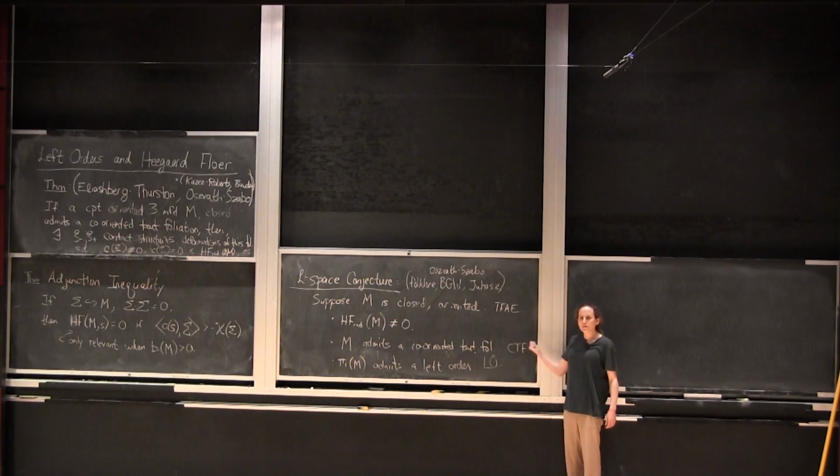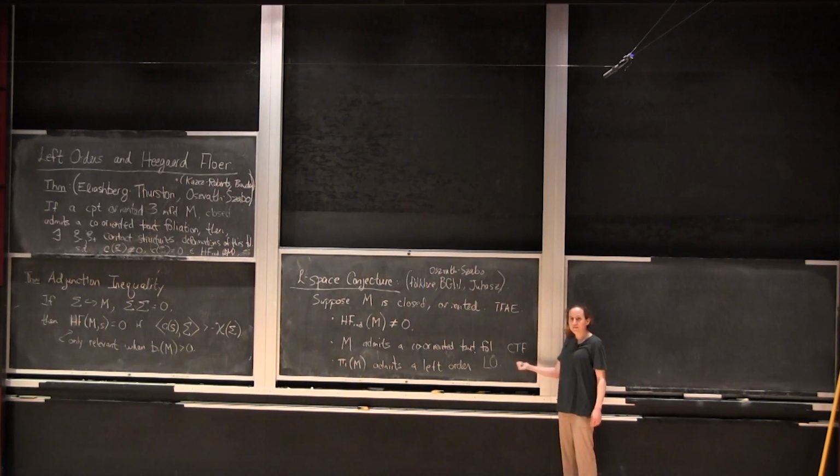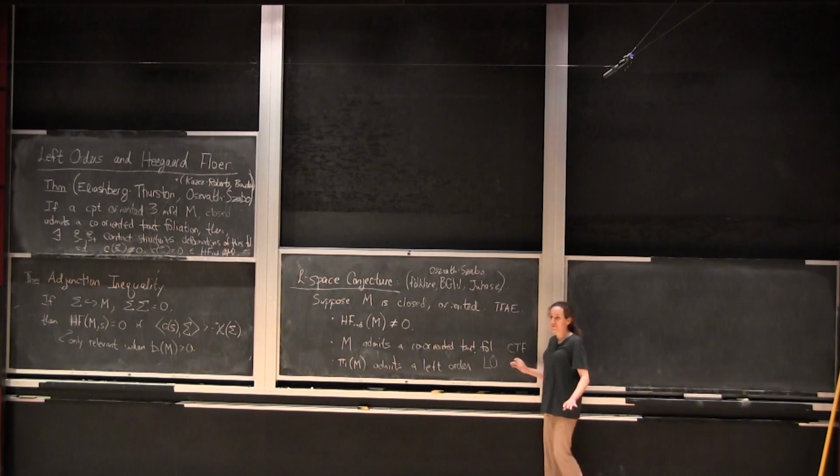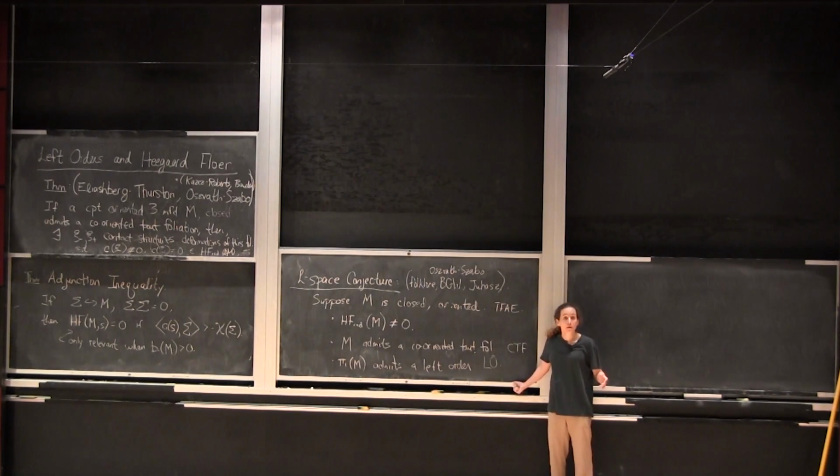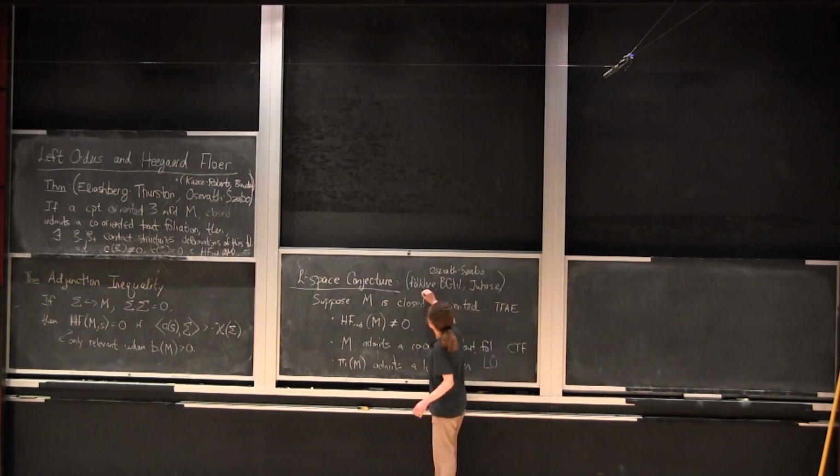And did Jonathan define these? Are we good with what taut foliations are and everything? Okay, so oh yeah, that's a good point.